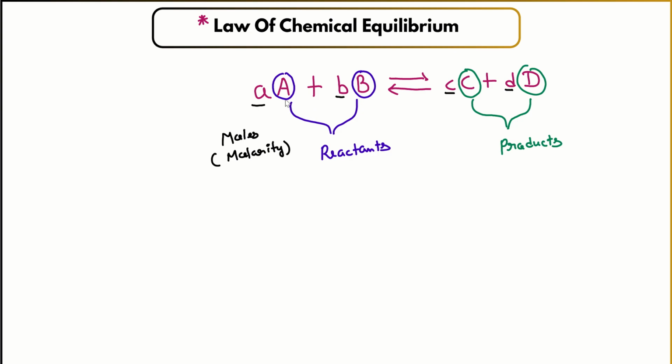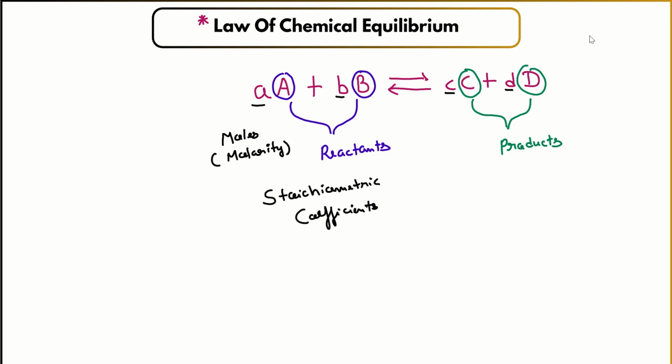And here these are moles only, but they are known by a technical name, stoichiometric coefficients. So small a and small b are the stoichiometric coefficients or moles of reactants A and B, and small c and small d are the stoichiometric coefficients or moles of the products C and D.